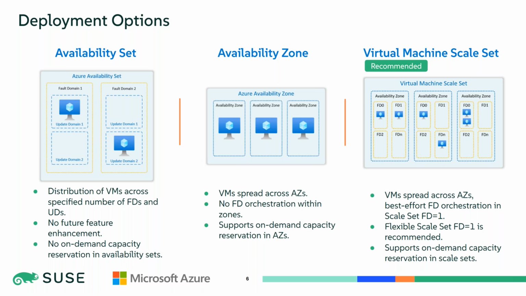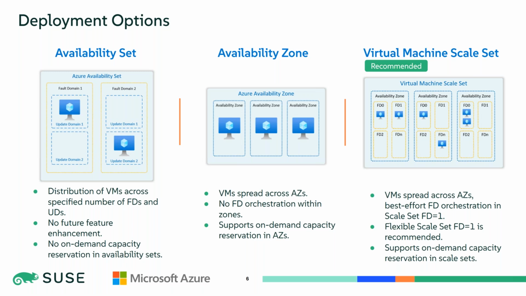This provides higher resiliency by ensuring that the VMs are located in physically separate locations within an Azure region. So when you deploy an SAP system, you try to configure your highly available SAP system across availability zones. You could choose the best availability zones that meet your need based on latency and other aspects.